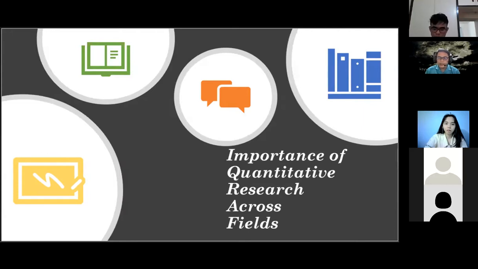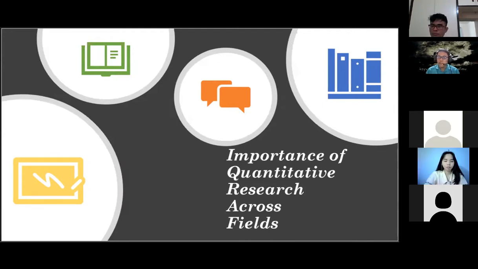Alright, so going back. You have learned from the previous lesson that quantitative research is a formal, deductive, systematic process that focuses mainly on obtaining and analyzing numerical data. The method of data collection is objective and replicable, and its analysis is statistical.